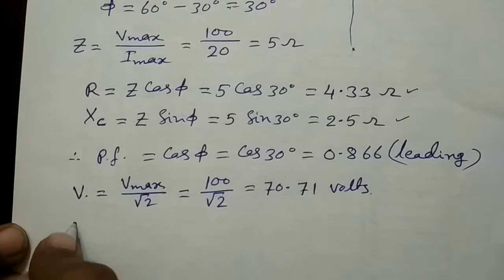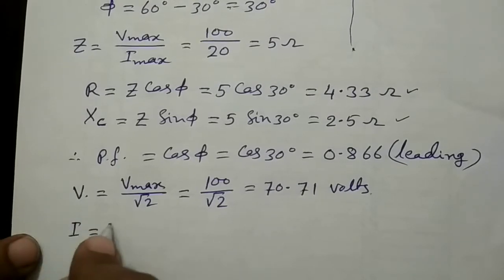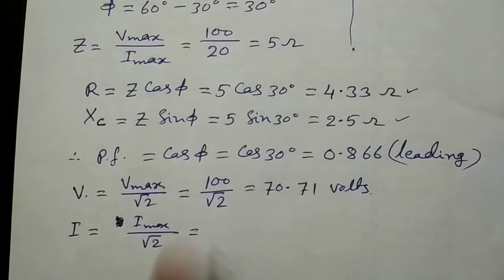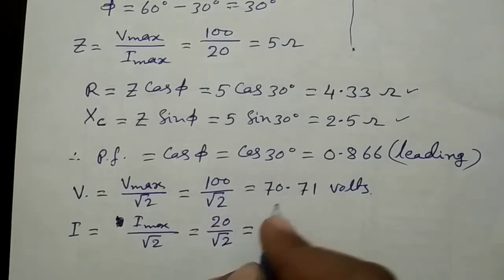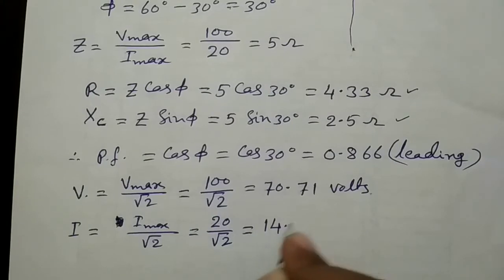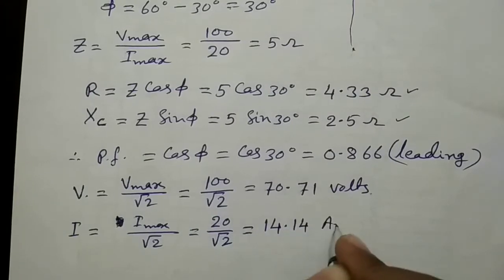And similarly the RMS current will be Imax upon root 2. So here it is 20 upon root 2, and it will be 14.14 ampere.